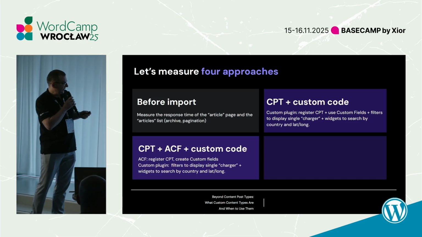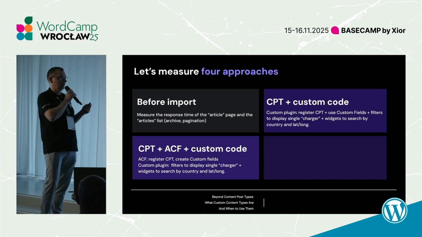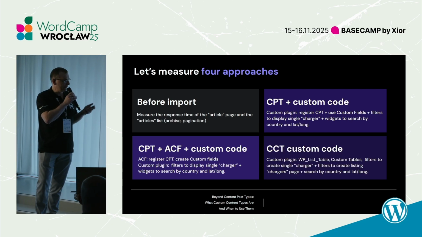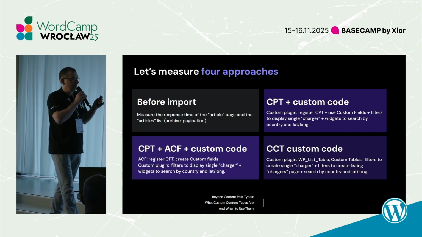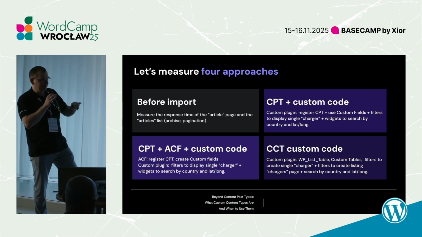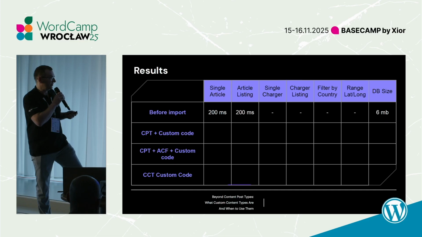Another, I used ACF to have less code because it gives me a registered custom post type and custom fields. And last, let's use custom tables. So let's check how the results are.